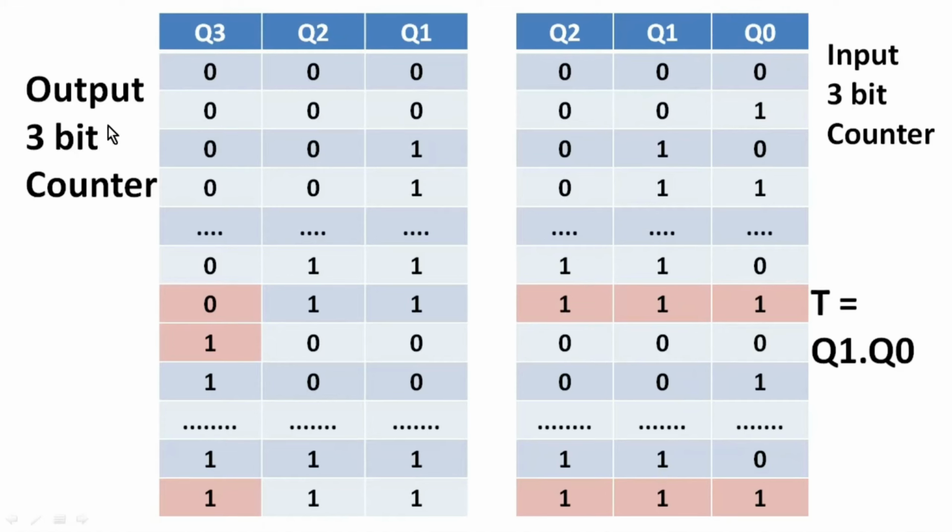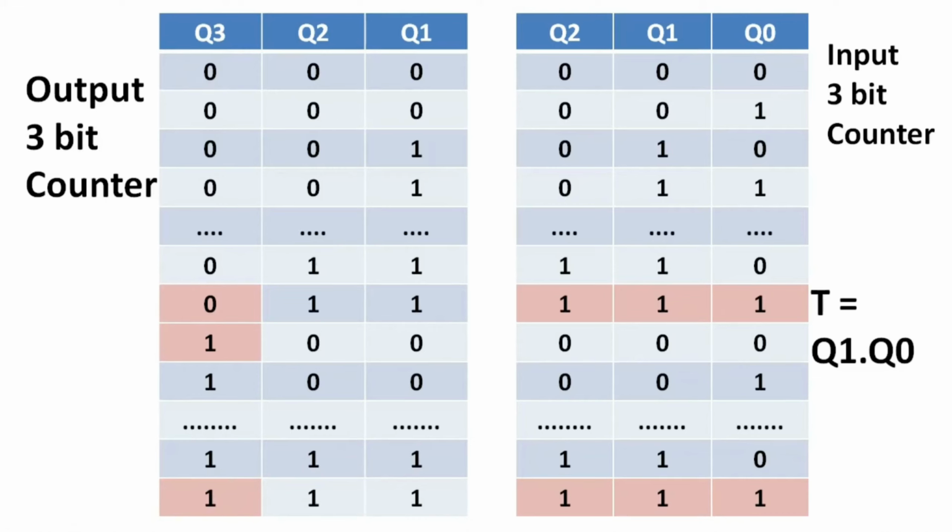And this is the 3-bit counter which is the expected output, and it starts at 000 and remains 000 for 2 clock cycles and then moves to the next value 001 and stays at 001 for 2 clock cycles and so on, and then finally it reaches 111 and remains there for 2 clock cycles and then rolls back to its original value, that is 000, and keeps on going like this.